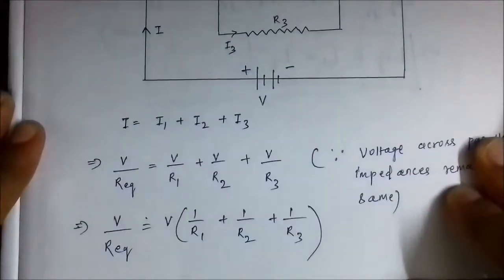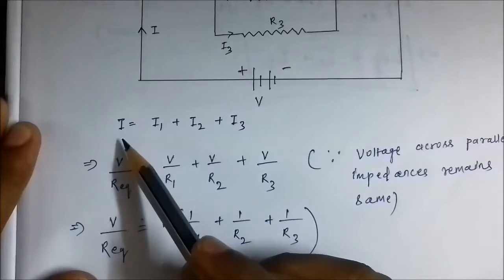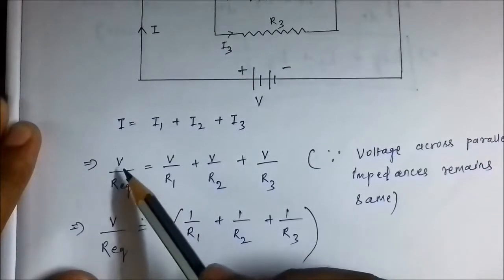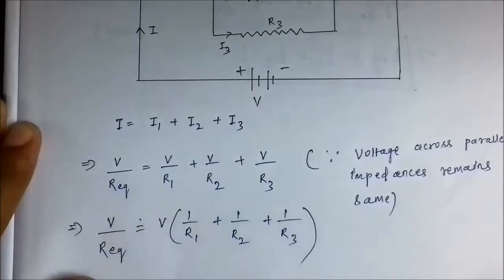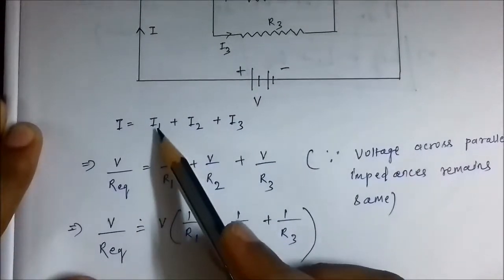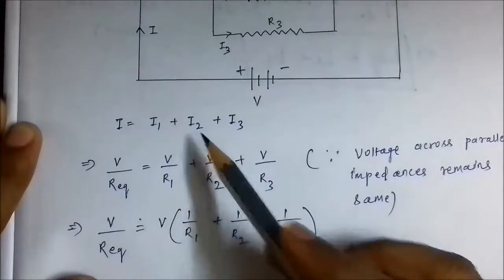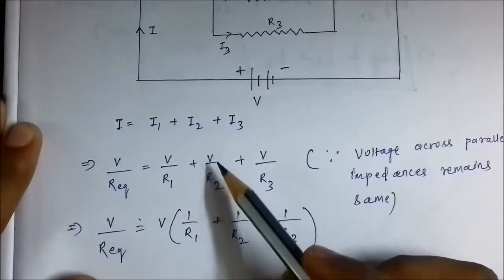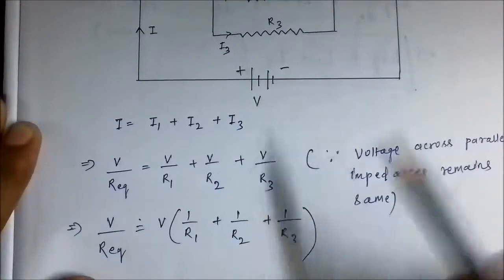So we can write it down as I is equal to the net applied voltage by Req, where Req is the equivalent resistance of this parallel combination, which is equal to I1 can be substituted by V by R1, I2 can be substituted by V by R2, and I3 can be substituted by V by R3.